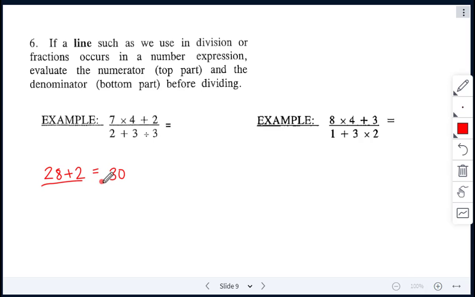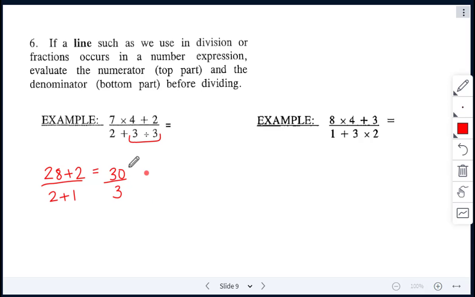All right, and then I'm going to do my denominator here. It's 2 plus 3 divided by 3, but we do have to do that 3 divided by 3 first. 3 divided by 3 is 1, so I have here 2 plus 1, which is 3.